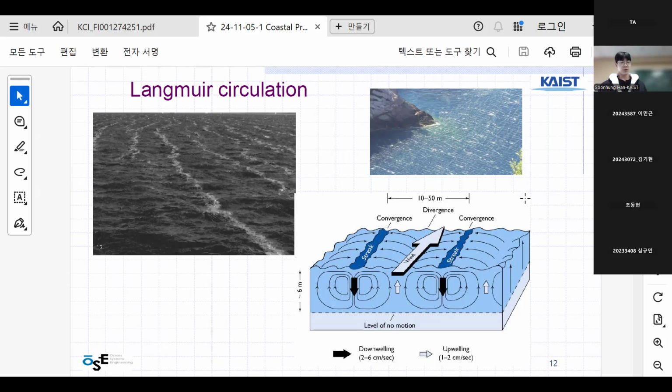The picture of the Langmuir circulation shows slow, shallow, counter-rotating circulations like this. And the stripes, called streaks, are aligned with the wind direction. This is the Langmuir circulation.